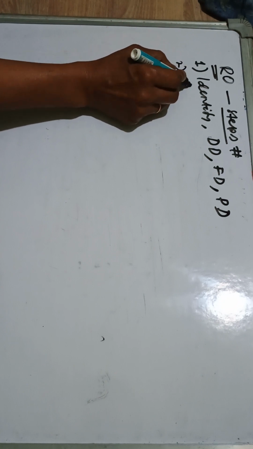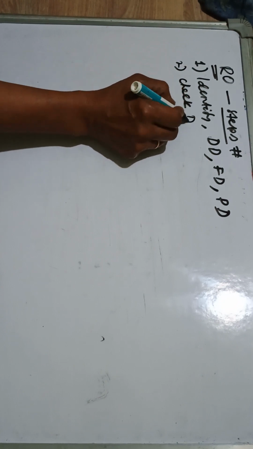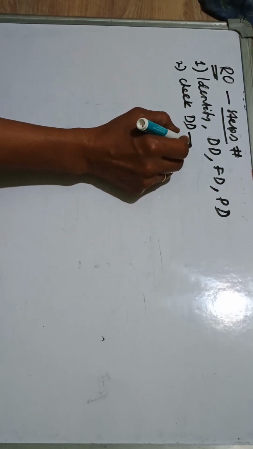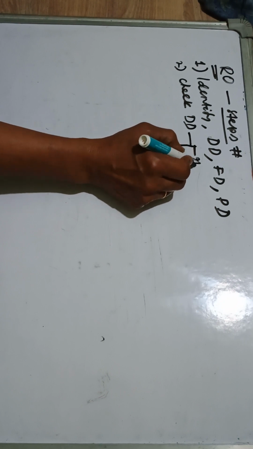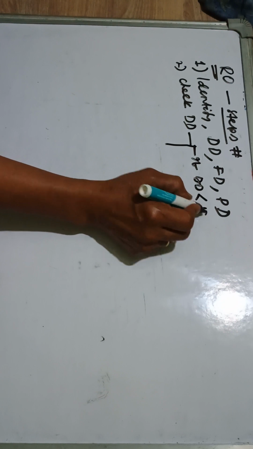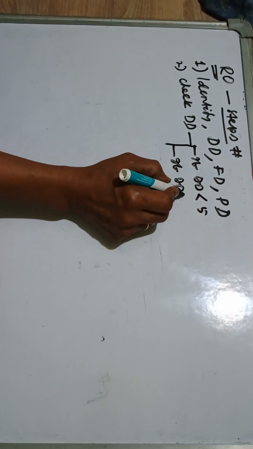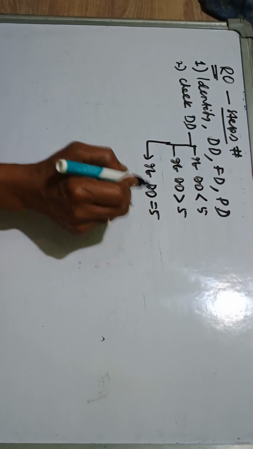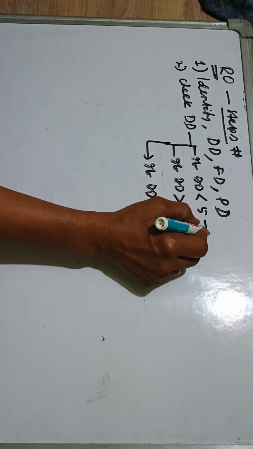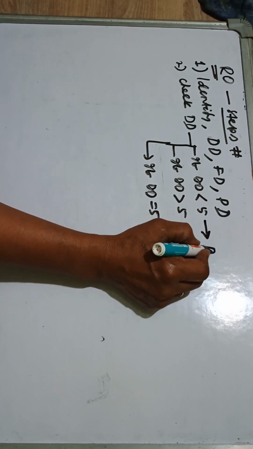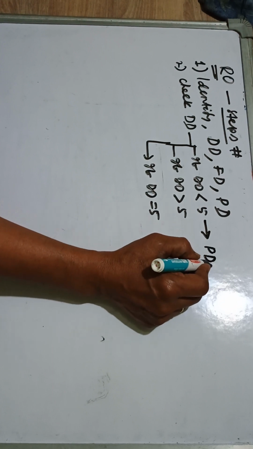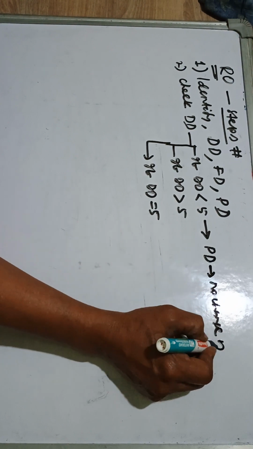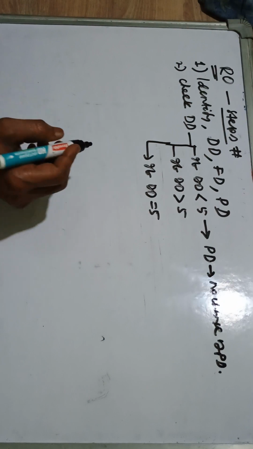Then check DD. In checking DD, we have three cases: DD less than 5, DD greater than 5, DD equal to 5. If DD is less than 5, PD has no change. Simply drop this DD.